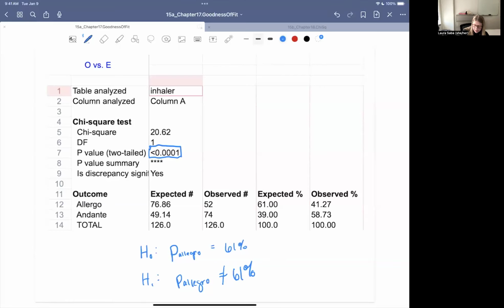Because this is significant here in my two-sided p-value, I'd say that the machines are not equally reliable.